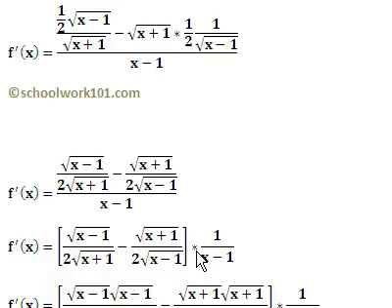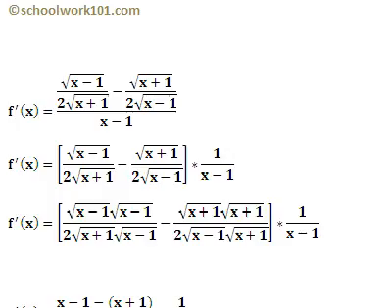So I'm going to multiply the square root of x minus 1 on top and the square root of x minus 1 on bottom here. And an x plus 1, we don't have that over here, so I go ahead and multiply the square root of x plus 1 on top and the square root of x plus 1 on the bottom. Now we have a common denominator, and we just add the tops.